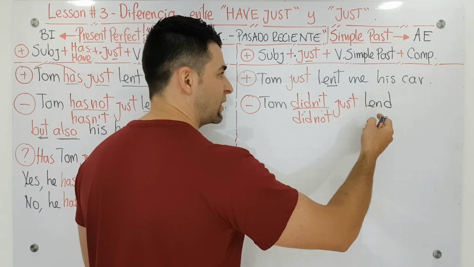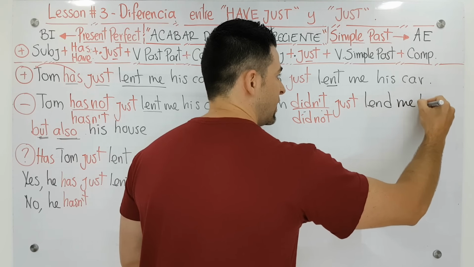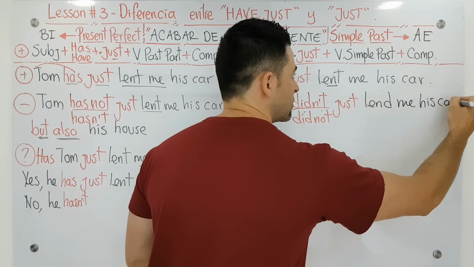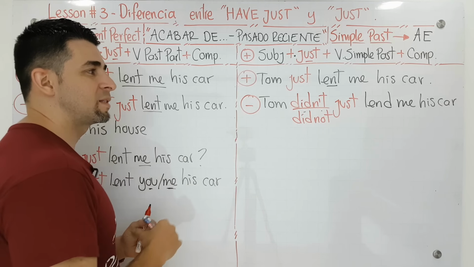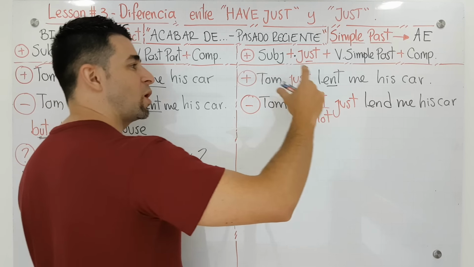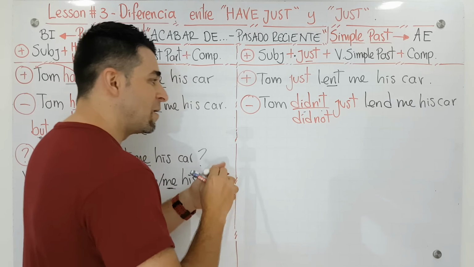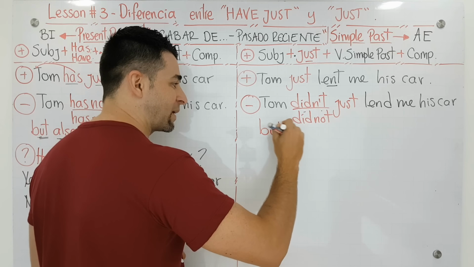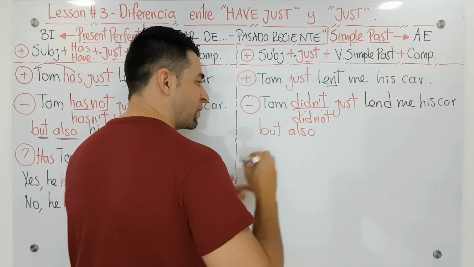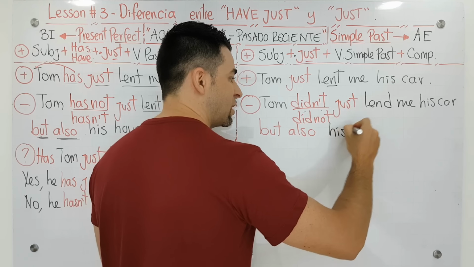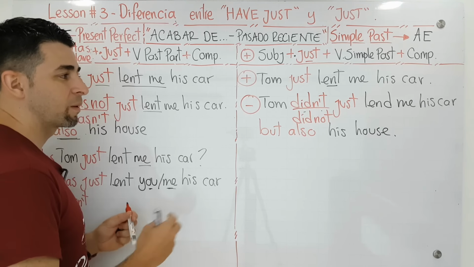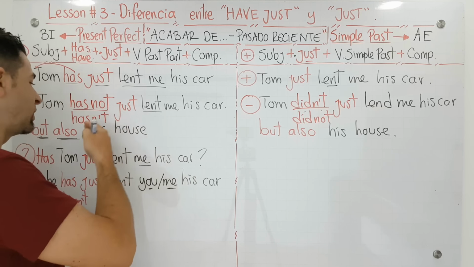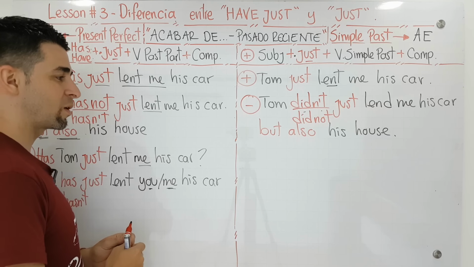Tom didn't just lend me, yes, his car. Mira entonces cómo lo podríamos hacer de fácil. Tom no me acaba de prestar su carro. O Tom no solamente me prestó su carro, but also his house, sino que también me prestó su casa. Mira qué fácil esa negativa utilizando esa conjunción que usamos ahorita.